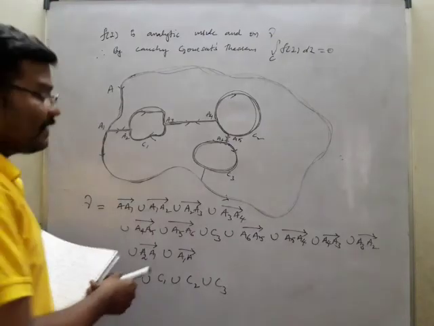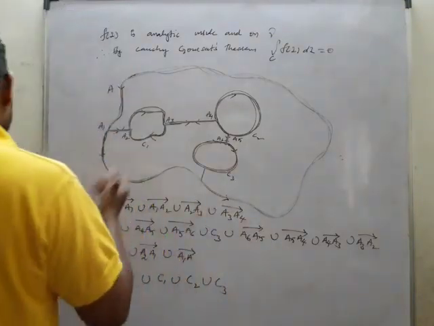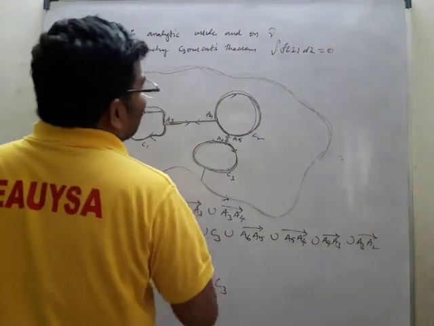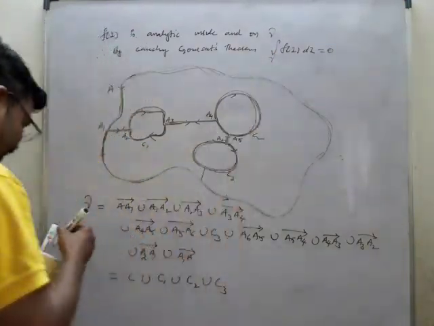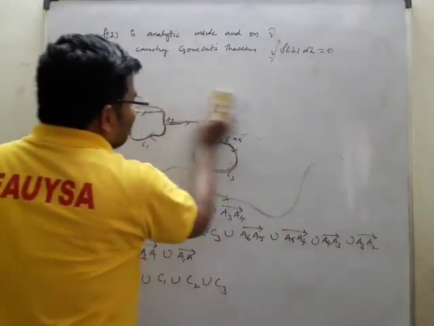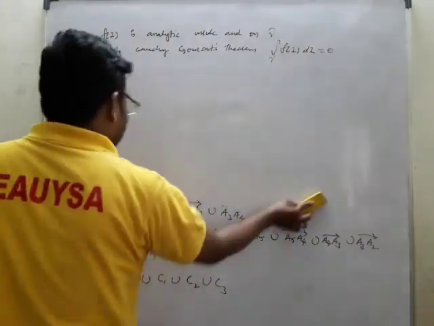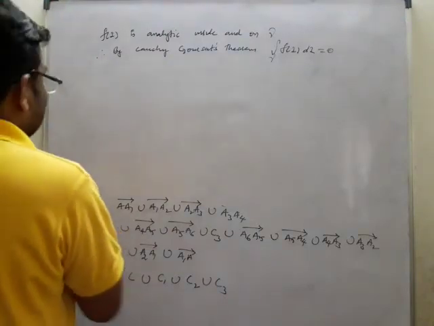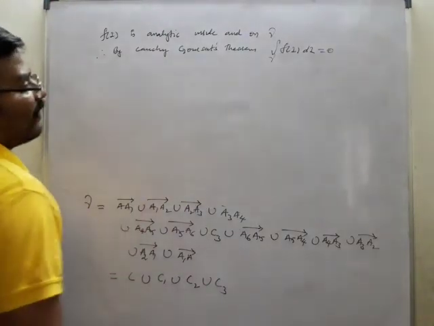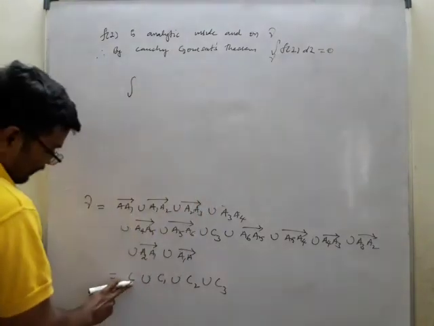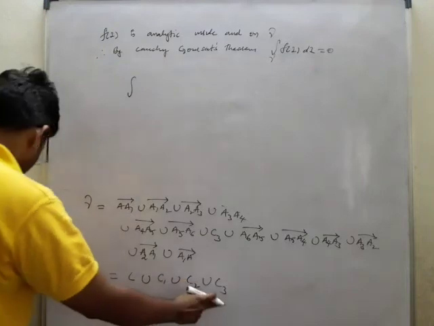So here I may take C as some gamma. Integral over gamma of f of z dz is equal to 0. What is gamma here? C, C1, C2, C3.